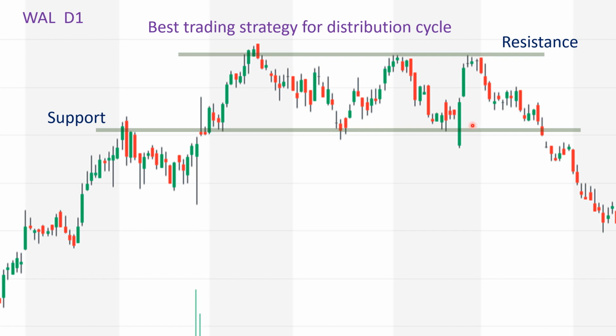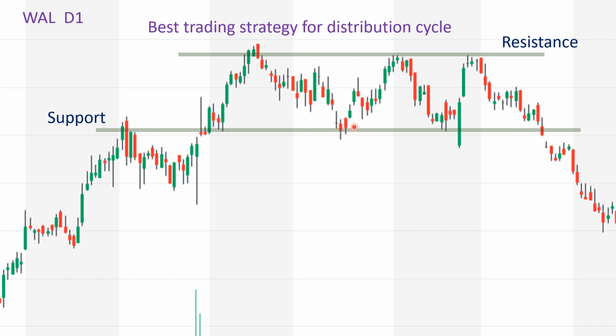The best trading strategy that we can adopt here is to consider the distribution cycle as a range bound. So we can enter the market around the support area and exit the market around the resistance area, which are the upper and lower band.